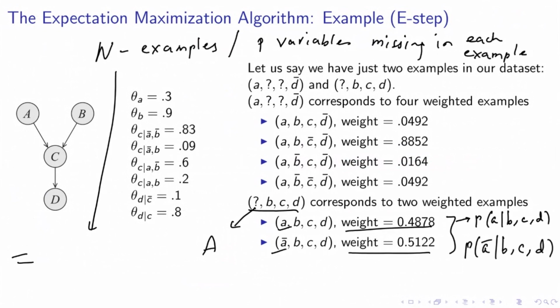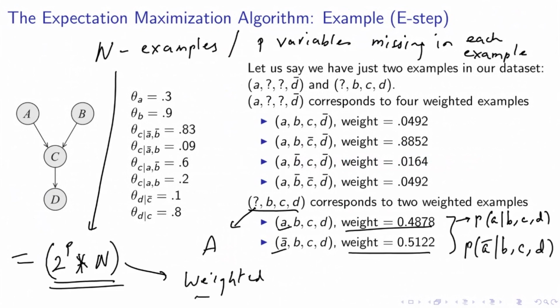Think about it. Each example can now be completed in 2 to the power p ways, assuming that each variable takes 2 values. And since there are n examples, the total number of completed examples will be 2 to the power p times n.